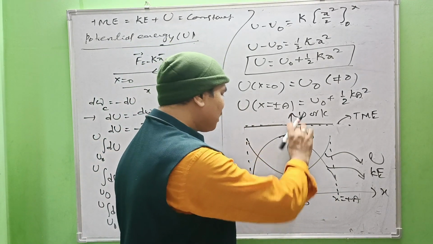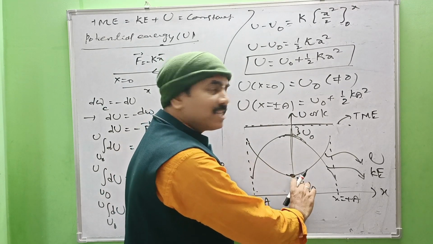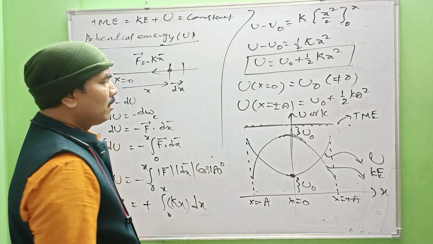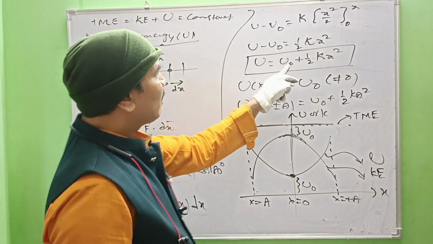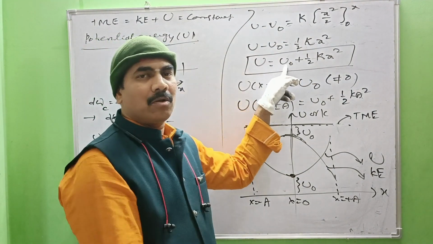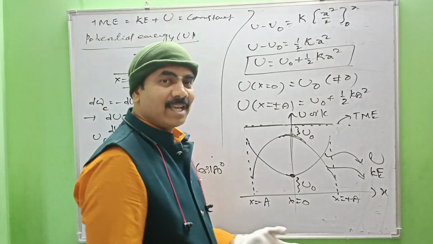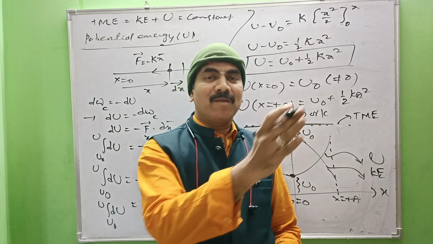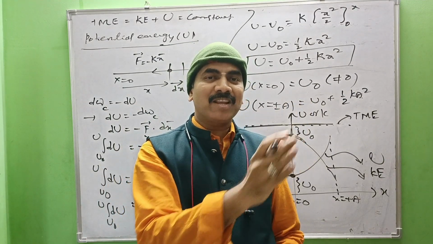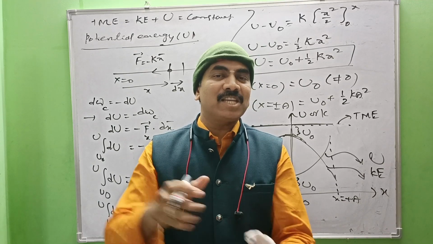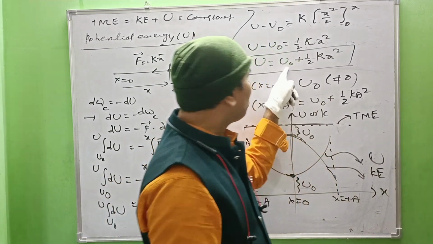Here the intercept is the value of potential energy at mean position. Now if I take u naught as 0, as I explained in the previous case, whenever a simple pendulum oscillates such that its mean position is just above the reference level, u naught is 0.